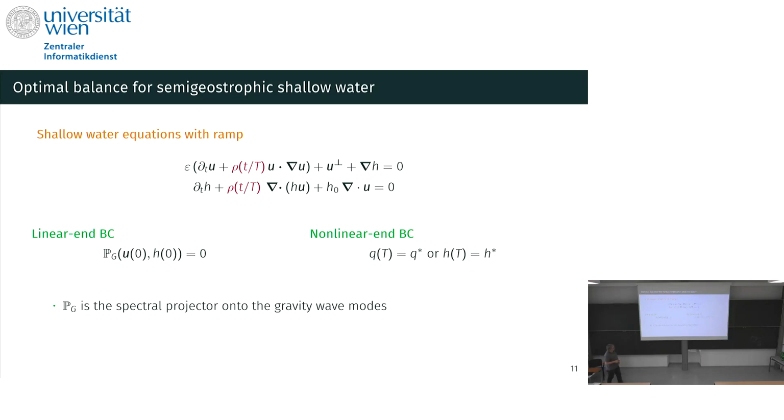And at the nonlinear end, in the past, we have hit a target potential vorticity. This can also be done because it's just a kinematic problem at the boundary condition, so that we hit a target potential vorticity, or we hit a target H field. We find that fixing the potential vorticity is numerically a little bit more stable than fixing the H field, but it's certainly possible also to fix H.